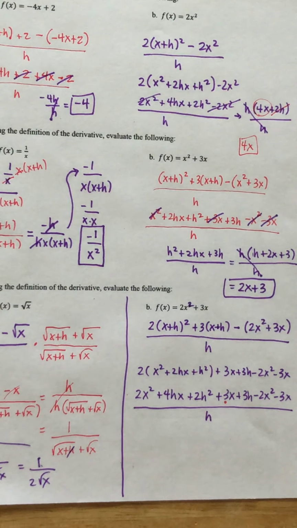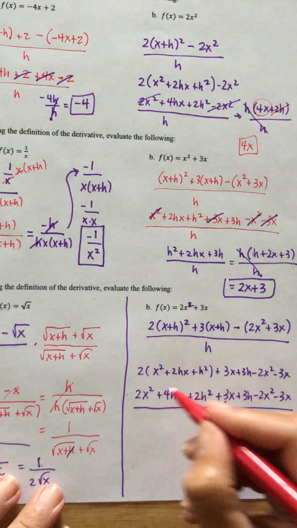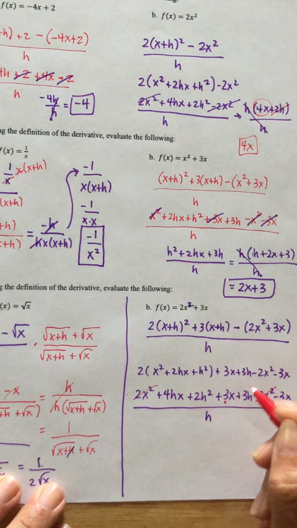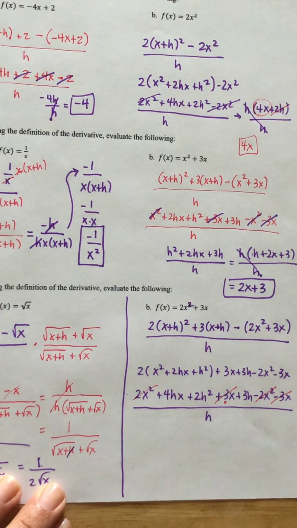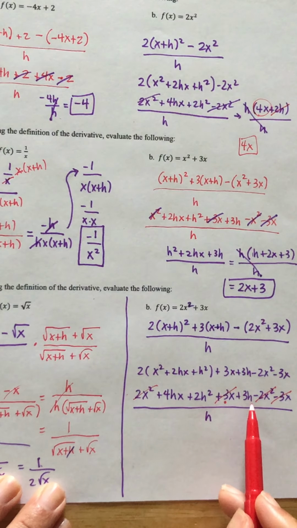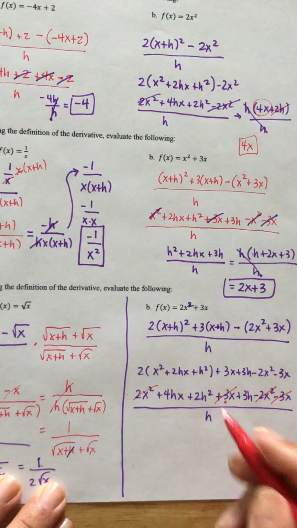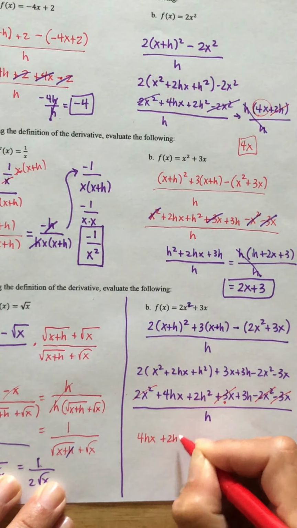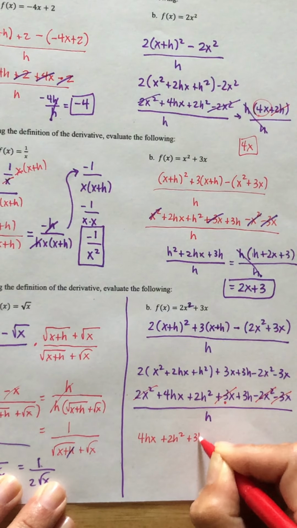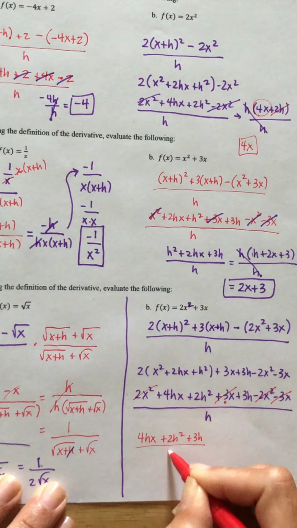So I'm going to look to cancel some stuff out: the 2x squared and the 2x squared, the 3x and the 3x. I have an h in all of these, so I'm going to factor out an h. Let me write it out for you: 4hx plus 2h squared plus 3h all over h.